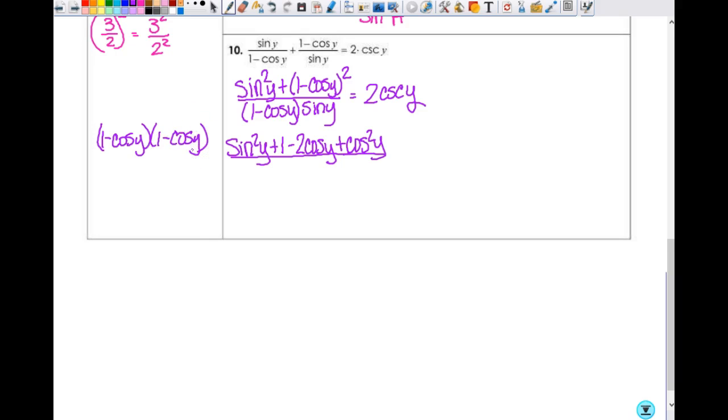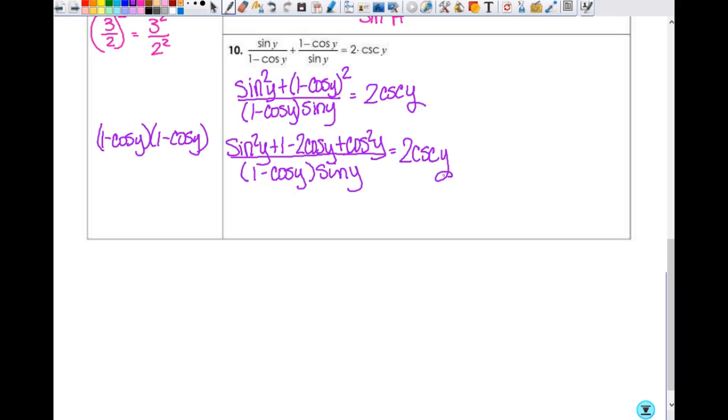You got to FOIL it. Okay, but it's a special case, so you should be able to just write it out too. It's why this factoring and multiplying and being able to do this stuff quickly is so important, because that's a very small part of what we're doing here. And then I'm going to put this all over (1 minus cosine y) times sine y equals 2 cosecant y.